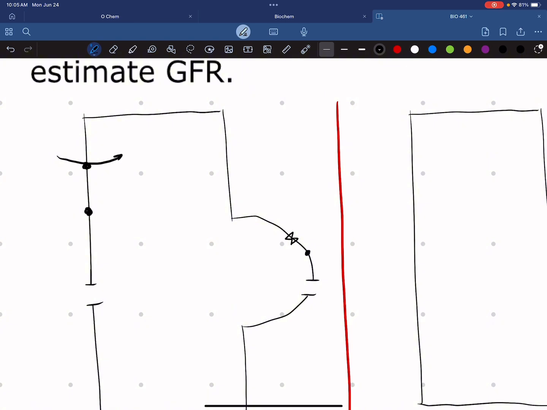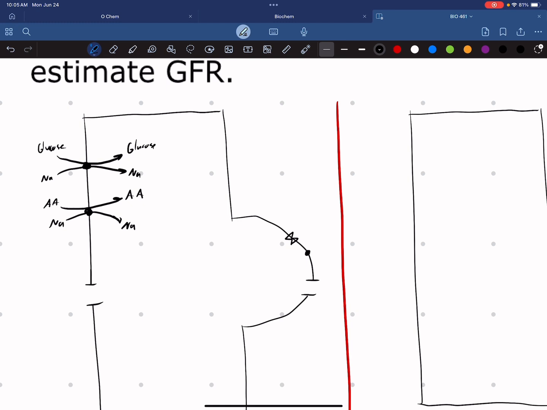So first, we have 2 symport channels right here that move both sodium and glucose, as well as amino acids and sodium.